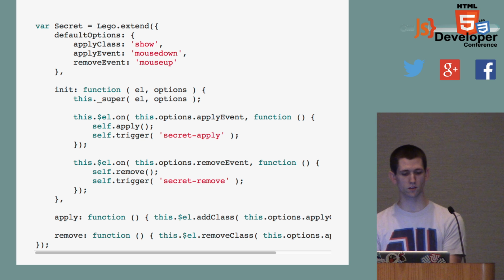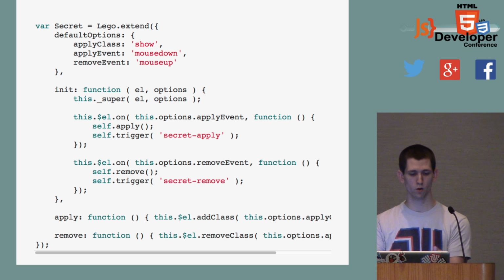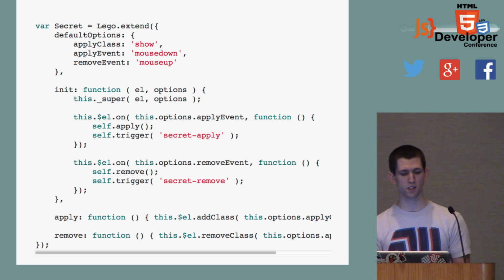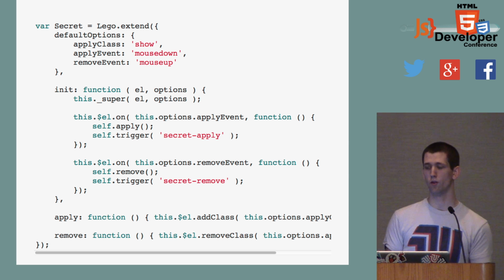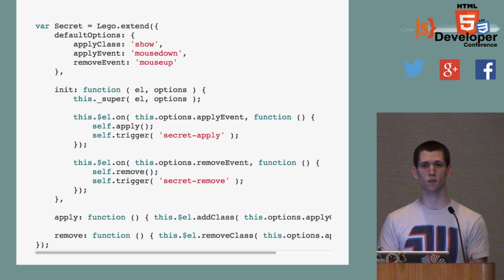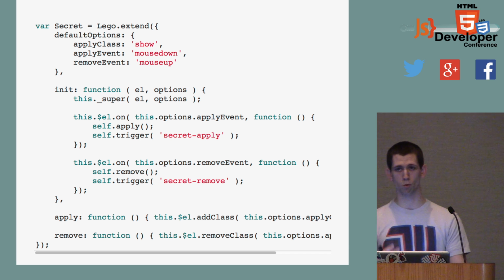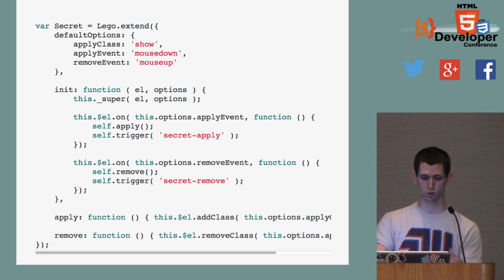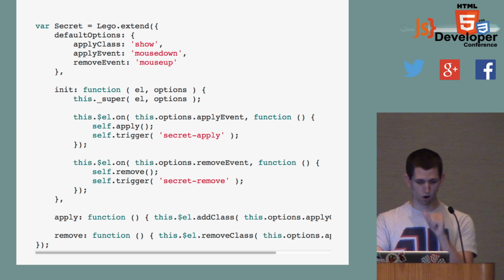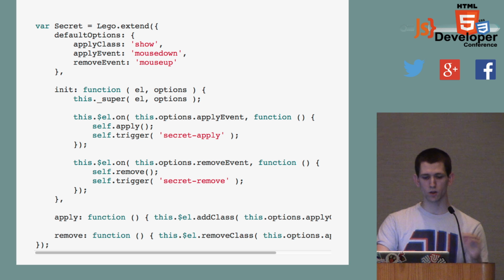Our defaults define a few. We have the class that's being applied, which is show. We have the apply event, which is mouse down, and the remove event, which is mouse up. By default, my apply event will be mouse down. But if whoever's using this component has passed in an option to the constructor, that will be overwritten and it will be whatever they set it to. So we're doing this lookup when we're referencing our events and the class name. I bind to the apply event, in this case mouse down, then I call apply.